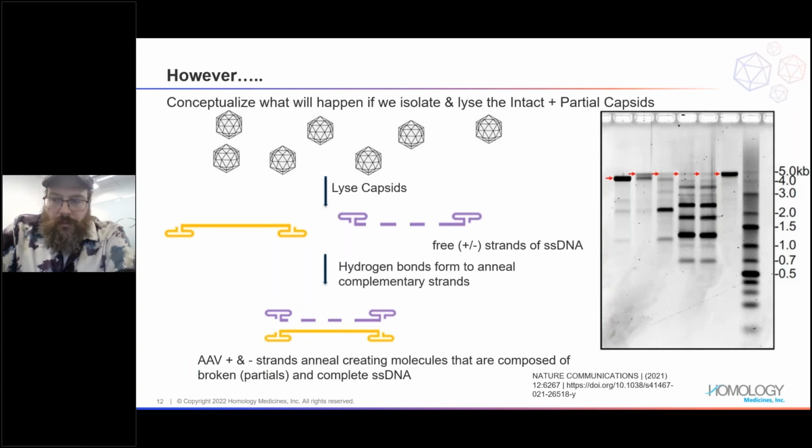So when you go through the process of lysing your virus capsids, you get mixtures where some strands are completely full, they've broken, and then they hydrogen bond to their complement strands, but oftentimes those complement strands are not fully intact, they're partial. With that in mind, you can take advantage of that and interrogate where exactly everything is breaking.